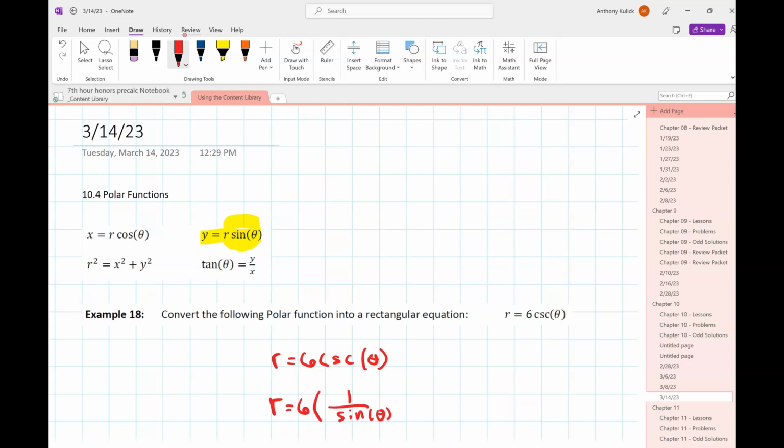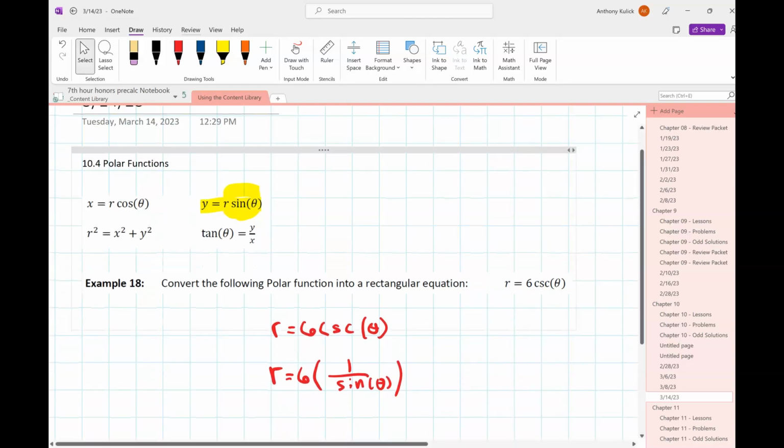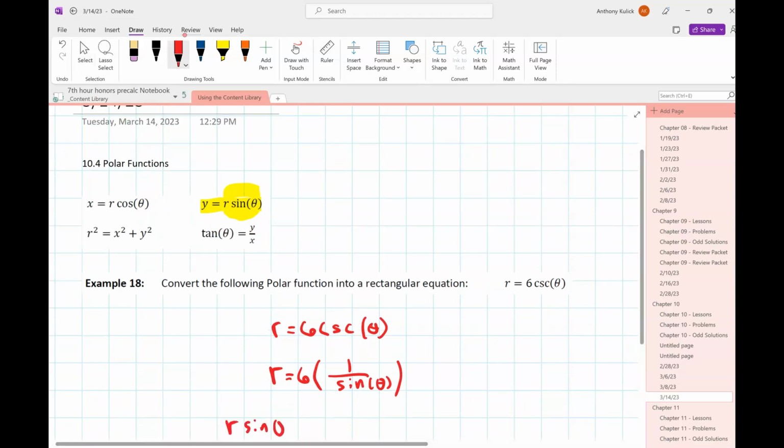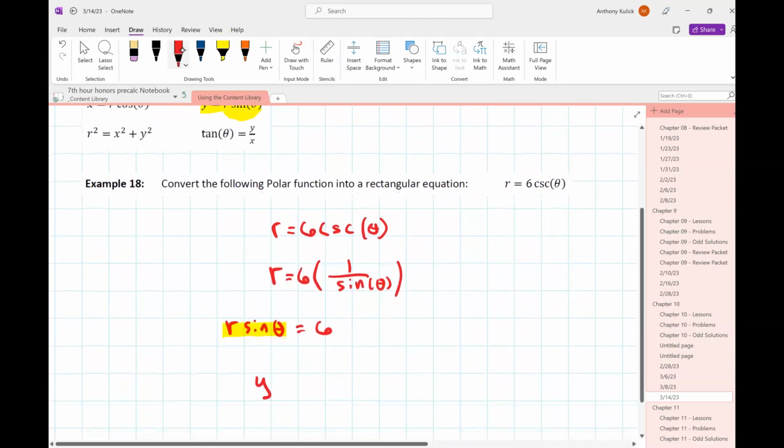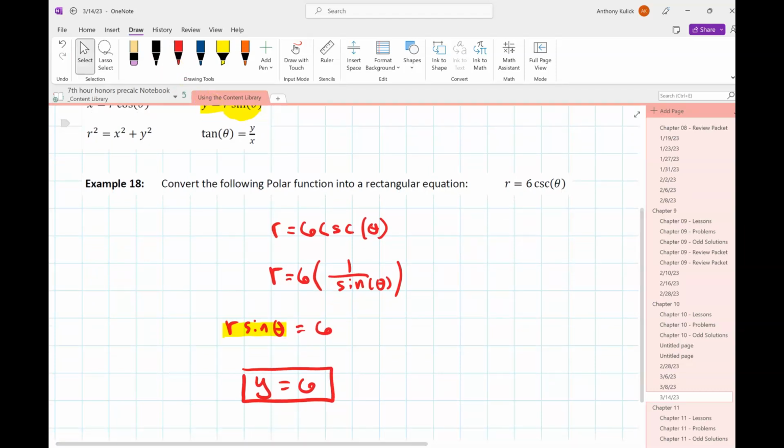Okay. So then if I multiply both sides by sine, I now have an r times sine theta. So I can just rewrite that as y. So that is just the equation y equals 6.